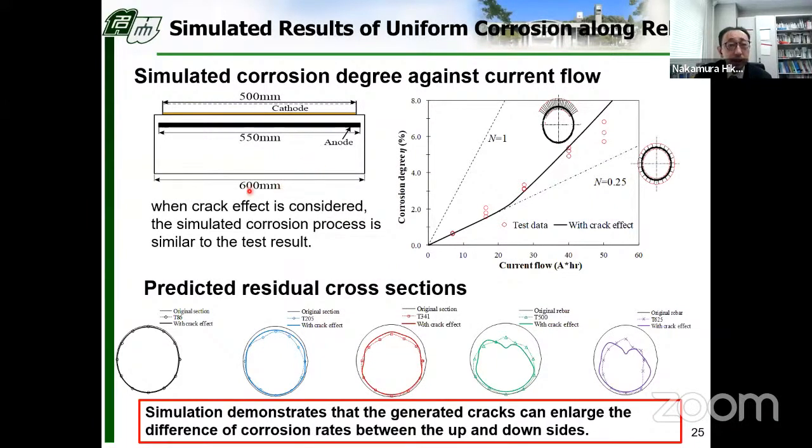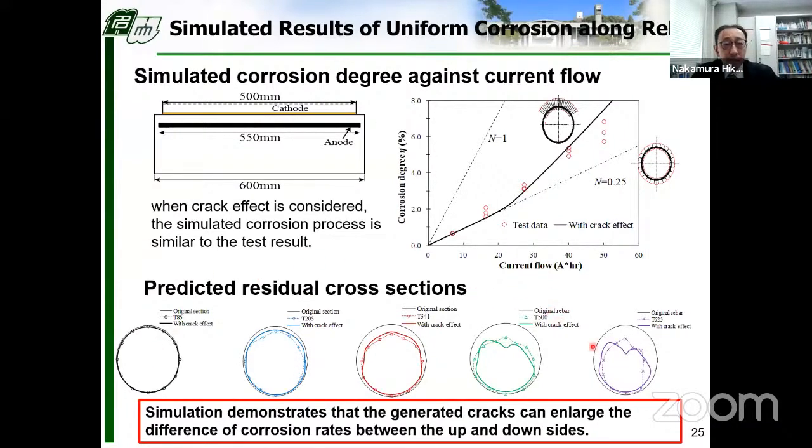This is a simulated result of uniform corrosion along the rebar. This figure shows the simulated corrosion degree against the current flow. We can see that when the crack effect is considered, the simulated corrosion process is similar to the test result. That is, the corrosion degree increases after cracking in proportion to the current flow.